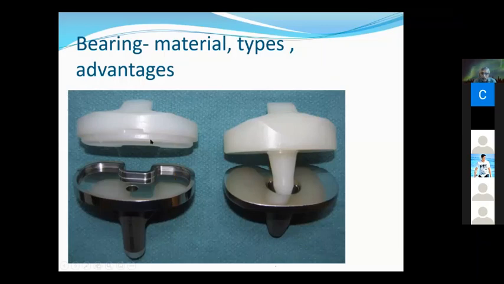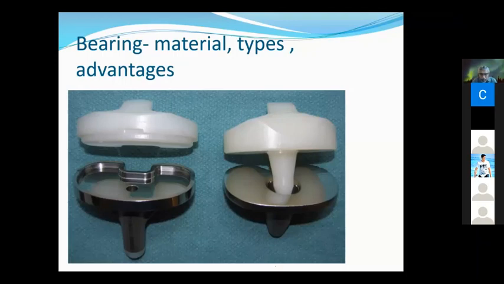Okay, so this one, as you can see, it slots into the tray, by means of certain locks, the insert is fixed into this tray. And what is the material it's made up of? Polyethylene. Can you qualify that?